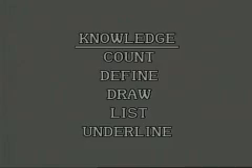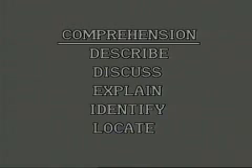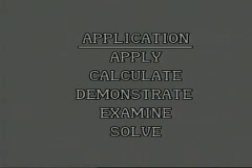Note the examples of action verbs used at different levels. For example, for different steps of cognitive domain, the verbs used for knowledge are count, define, draw, list, underline. Verbs used for comprehension are describe, discuss, explain, identify, and locate. Verbs used for application are apply, calculate, demonstrate, examine, and solve.